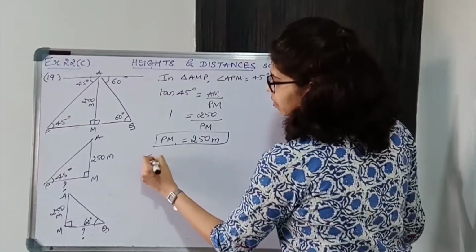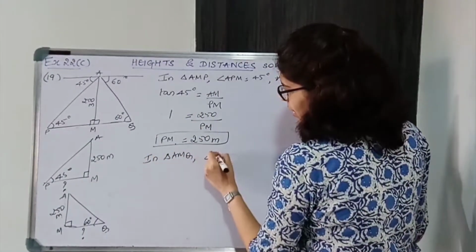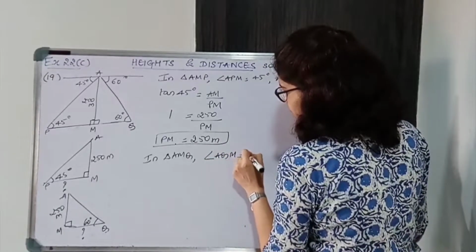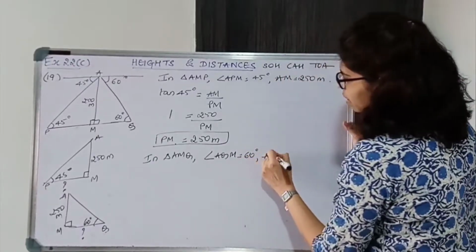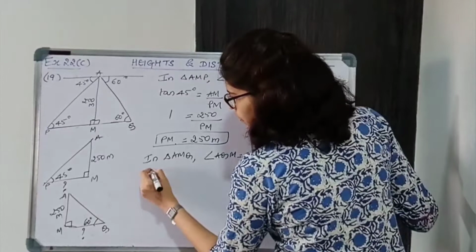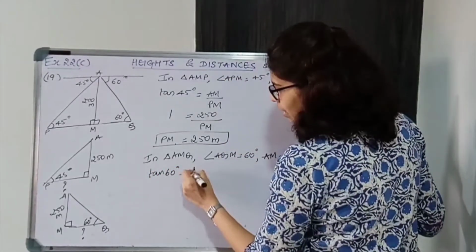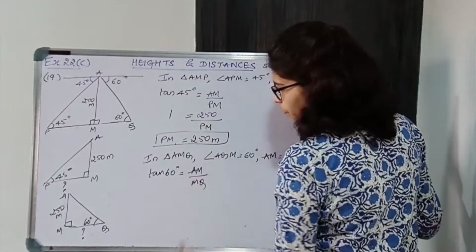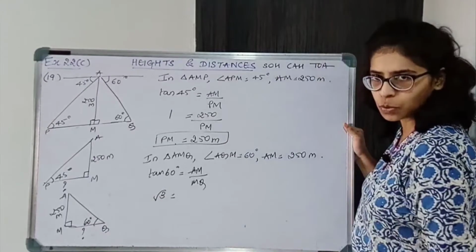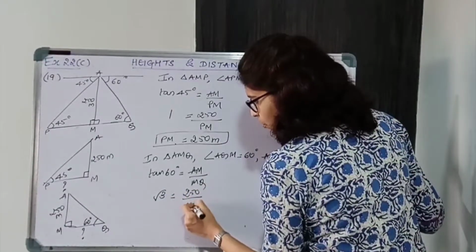So in triangle AMQ, angle AQM is equal to 60 degrees and AM is equal to 250 meters. ठीक है. Now tan 60 is equal to opposite which is AM upon adjacent which is MQ. Tan 60 is root 3 from the standard value table. AM is 250 upon MQ.